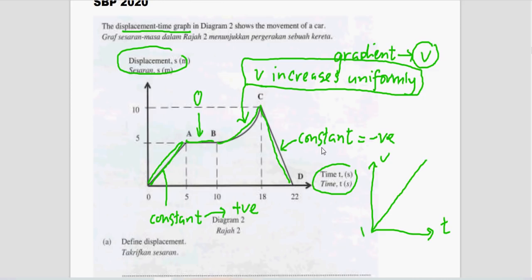I'm talking about B to C. So like this, it means that the gradient is constant, and the gradient for a VT graph represents acceleration. So we can say that acceleration is constant. So ada dua jawapan. You can write velocity increases uniformly, terima, ataupun you write acceleration constant. Okay, there are two answers.